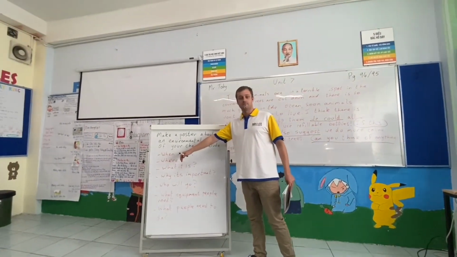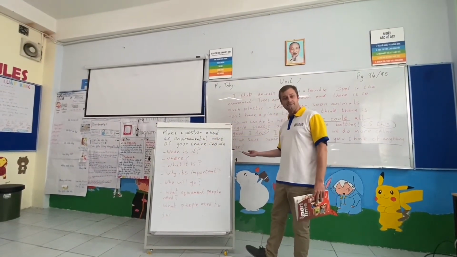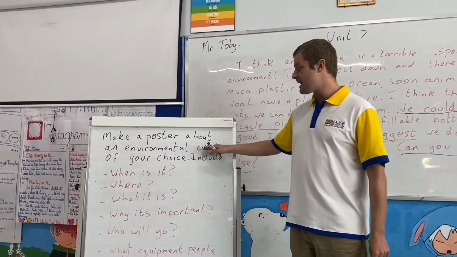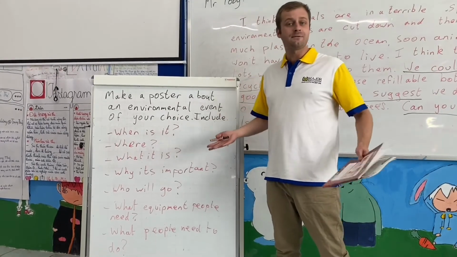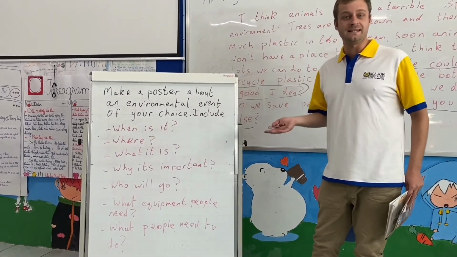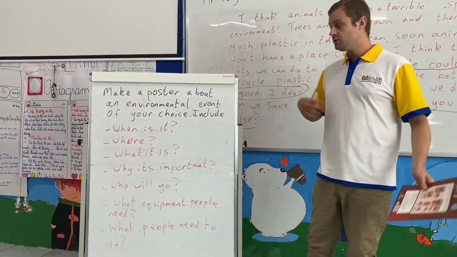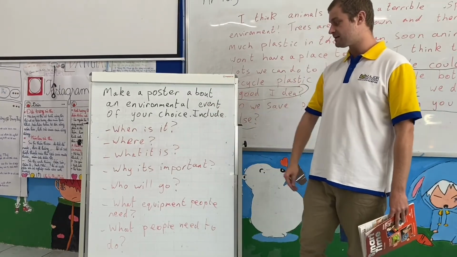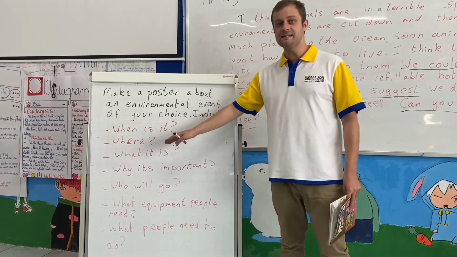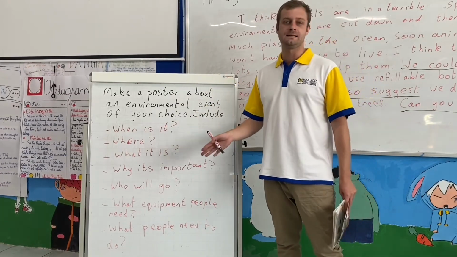When is it? A day and a time. Every event has a day and a time. Where? Where is it? Is it in your city, the beach, your school, the forest? Where is this event? Where it is will depend on what it is.